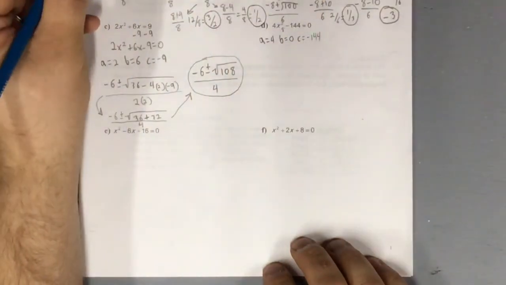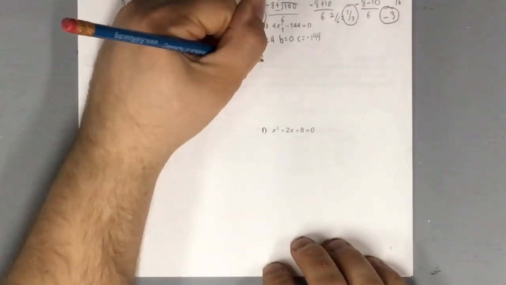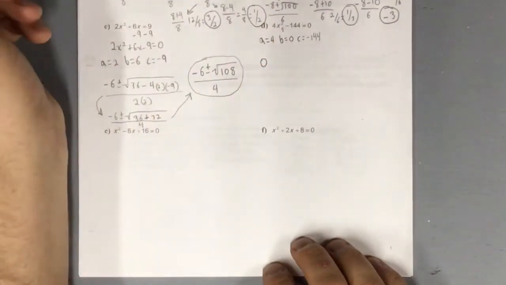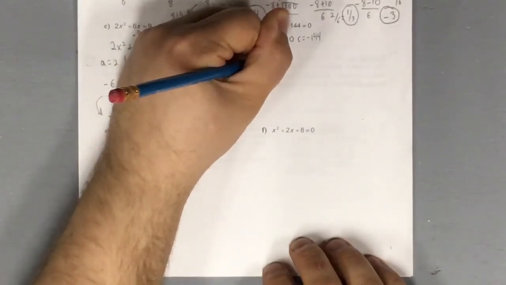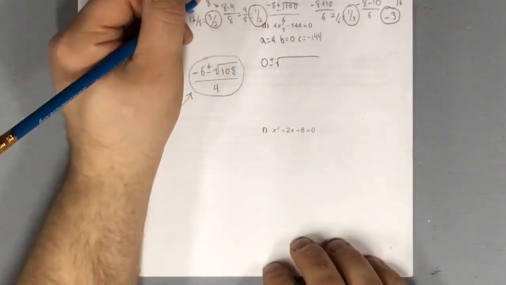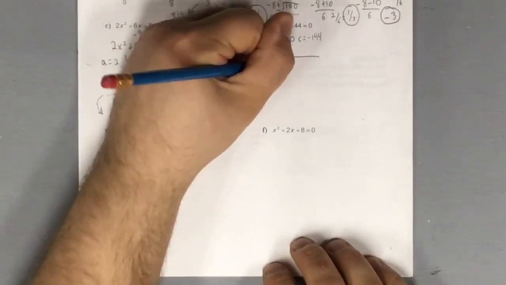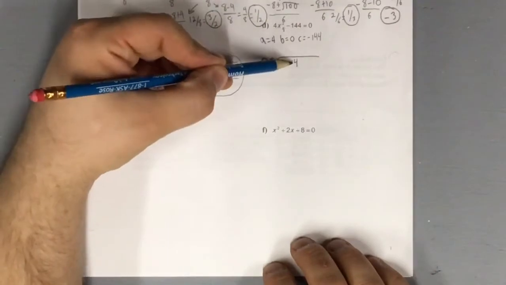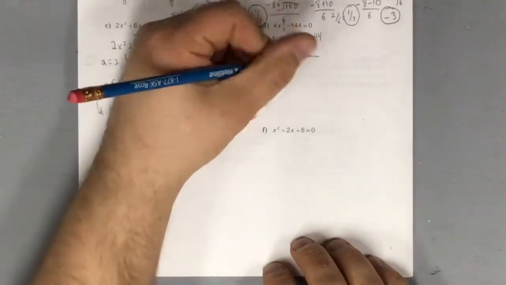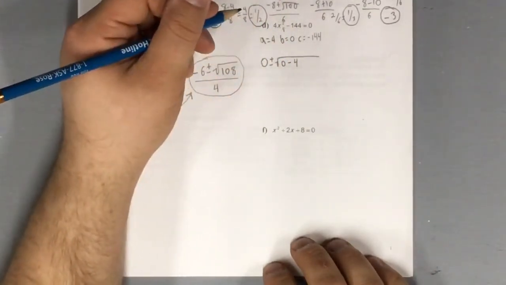When I go through and plug this in, I'm going to start by plugging in the opposite of b, and b is just 0, plus or minus the square root of 0 minus 4. This is from the quadratic formula. Then I plug in a times c, so times 4 times negative 144.